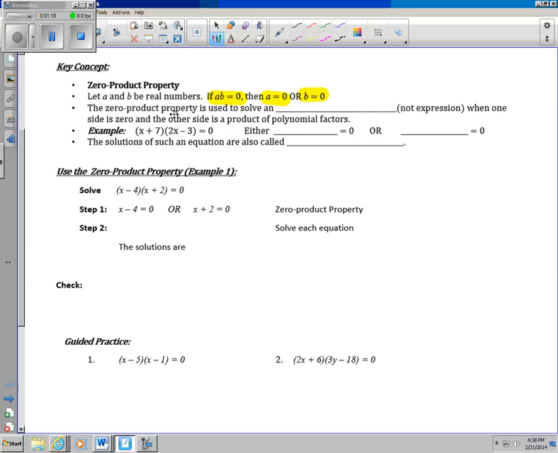The zero product property is used to solve an equation, not an expression, when one side is 0 and the other side is a product of polynomial factors.